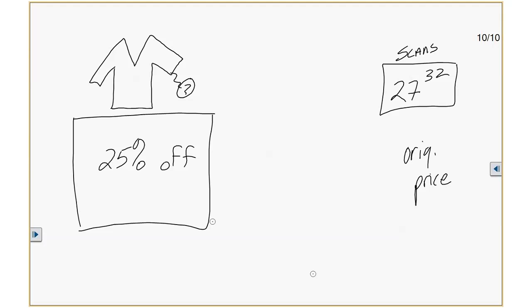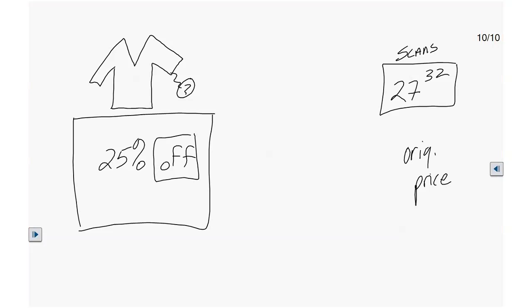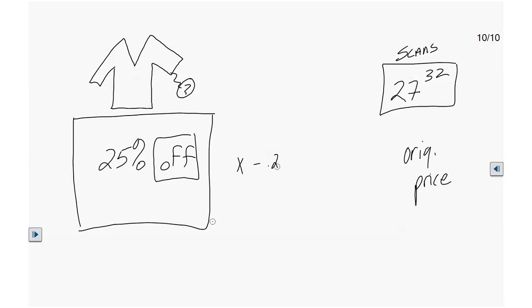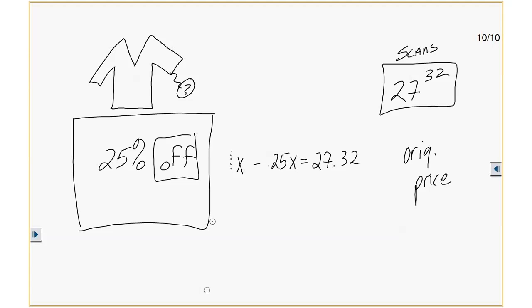So 25% off means positive or minus? So x minus 0.25x is equal to 27.32. So you just got a regular old algebra problem.